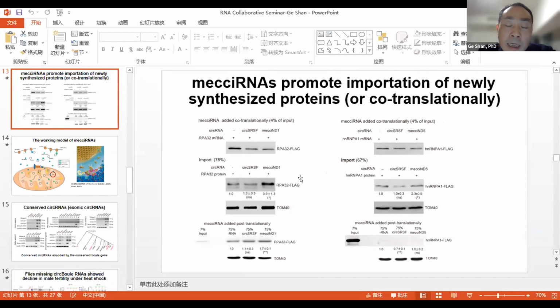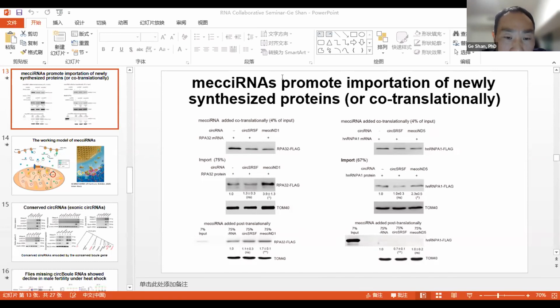There's no complementary sequence between the MecciRNA and the RPA32 mRNA, so it just facilitates the protein importation from cytosol into the mitochondria, at least based on the in vitro translation system.